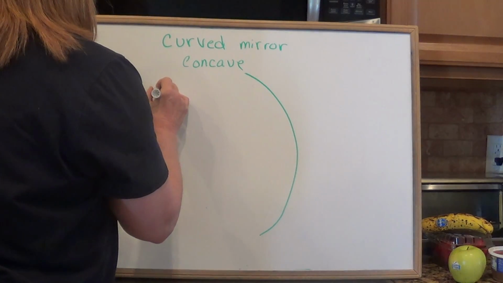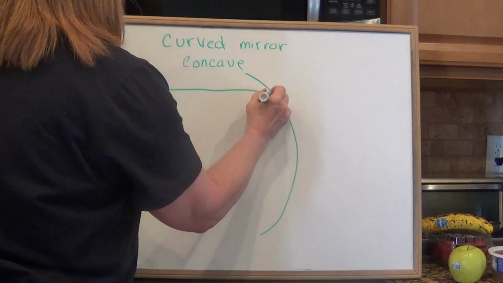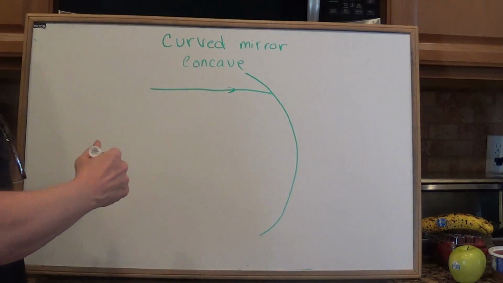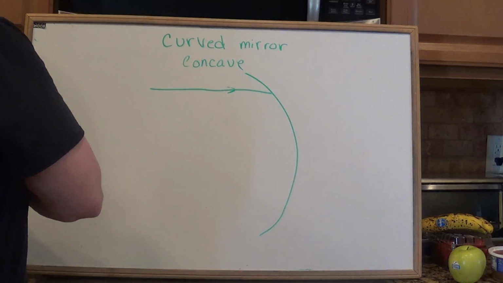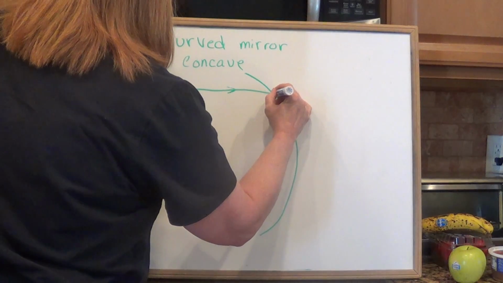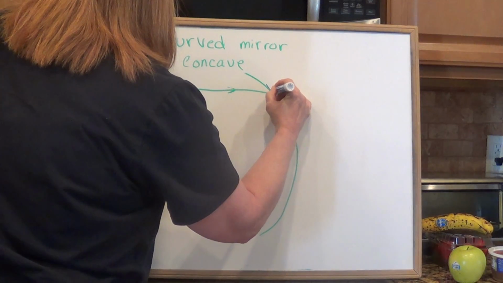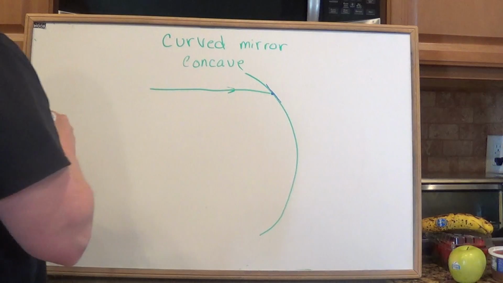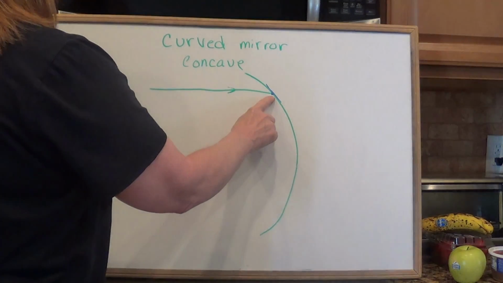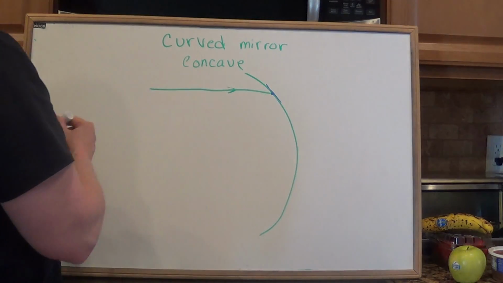Let's take all of our light beams in horizontally. If I go in horizontally with a light beam, it will obey the law of reflection. The way you find your angle on a curved surface is you look at a straight line called a tangent, which touches the mirror at one point, right where the beam will hit it.